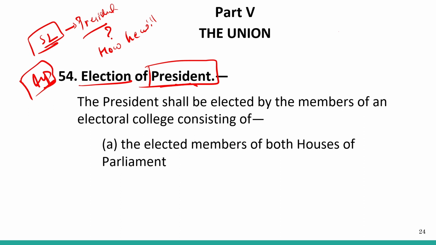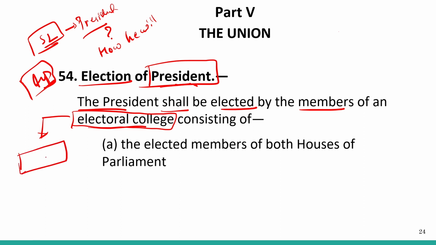The article starts with the statement that the president shall be elected by the members of the electoral college. Okay, now what is the electoral college? It is a number of people who will be coming from different areas.